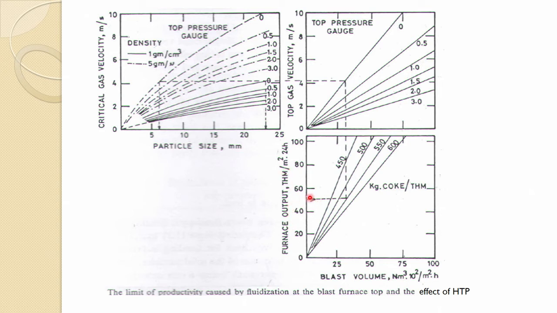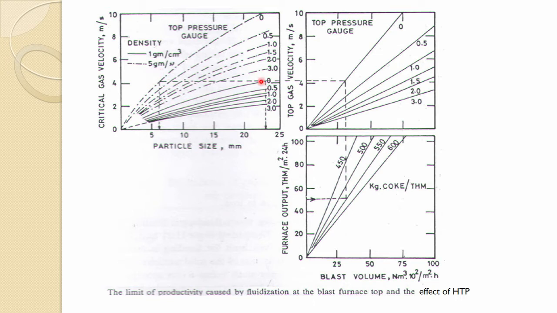So, furnace output at some 550 coke rate, and there is a blast volume also, and at what height of top pressure you are operating, you can choose one of those lines and then you can decide, based on that, what sort of particle size you should have in the blast furnace to achieve that sort of furnace output, depending of course on the gas density.